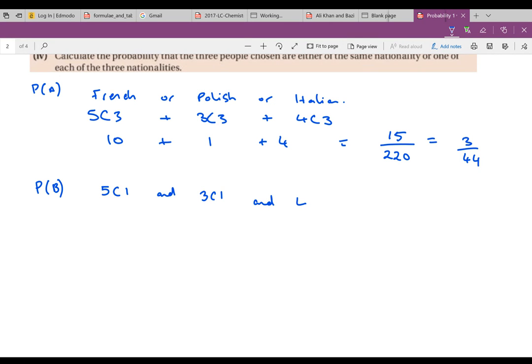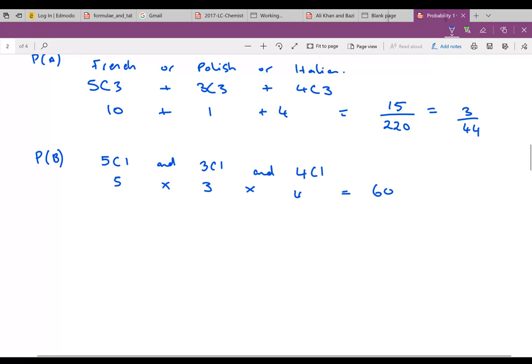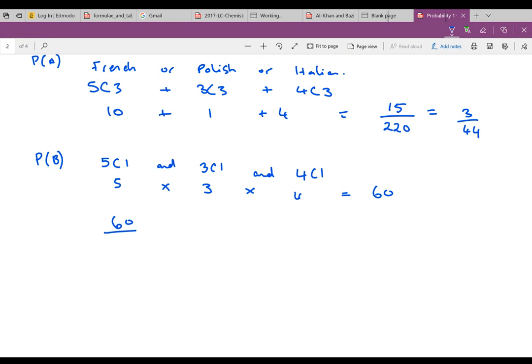And 1 Italian, so we have 4, choose only one of them. So I've got 5, and means multiply, 3 and 4. So I've got 60 outcomes here, 60 out of a total of 220, which will give me 3 out of 11.